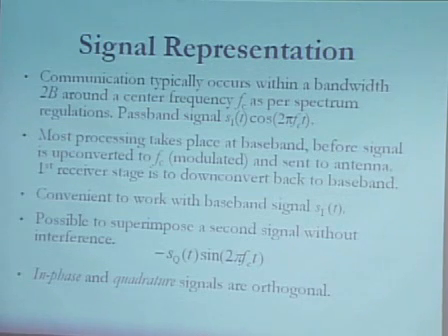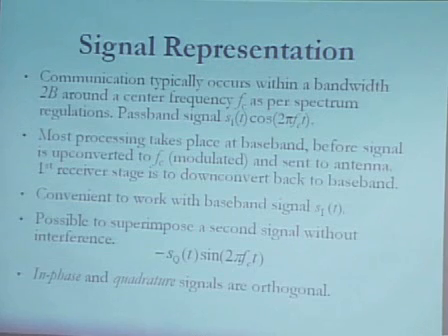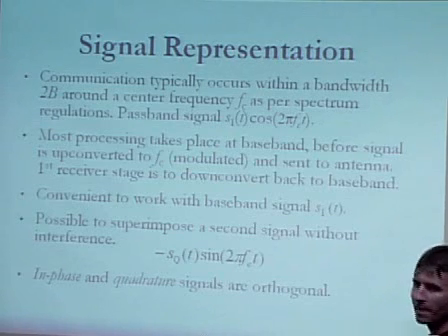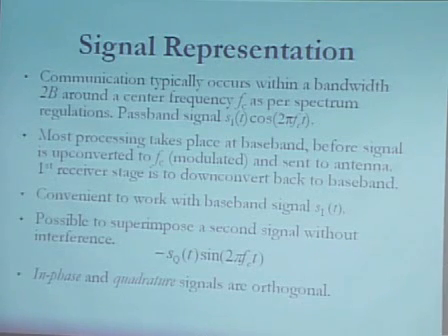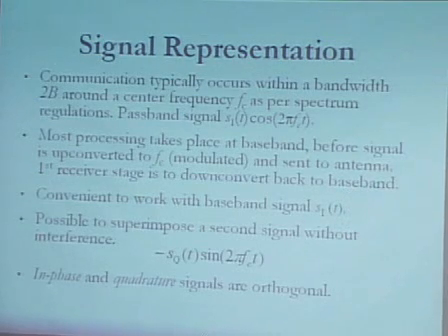And then at the receiver, the opposite process takes place. So the signal comes through the antenna, is amplified first, and then it's down converted from FC down to baseband, which is zero frequency. And then the processing takes place at baseband with all the demodulations and decoding and all the details. So the first stage is pretty much the down conversion and an amplification.